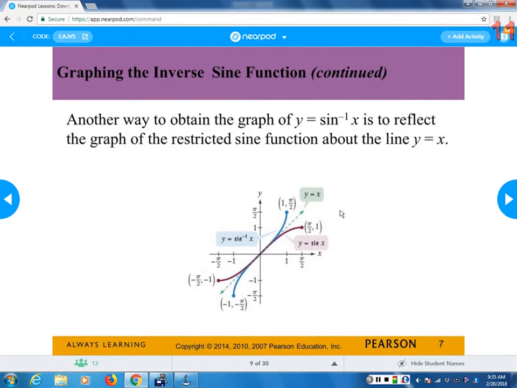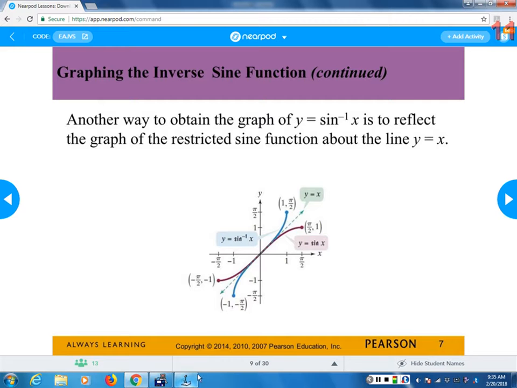Another way we could get it is to reflect the graph of the restricted sine function about the line y equals x, which is probably going to be harder than switching them.